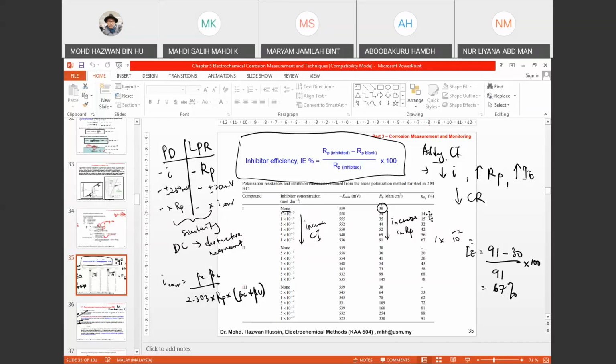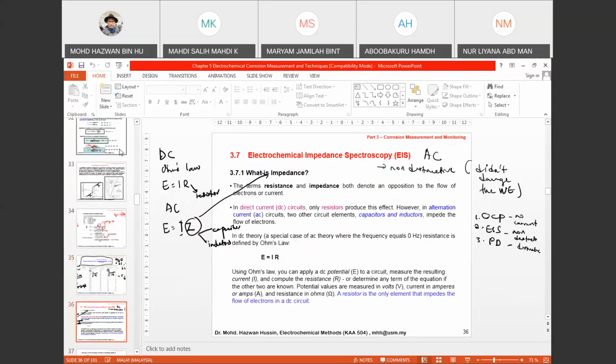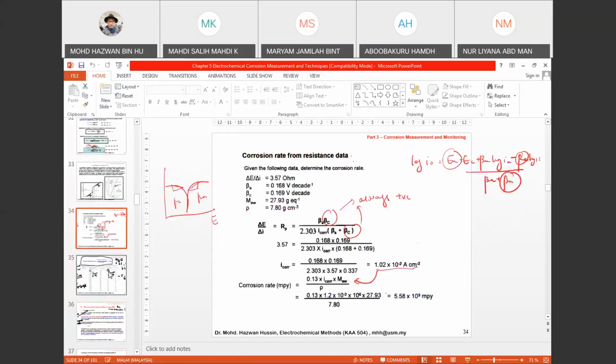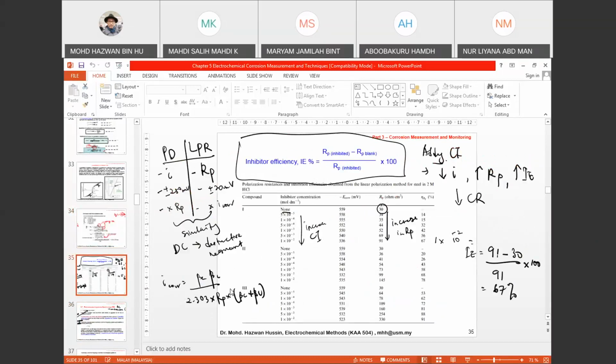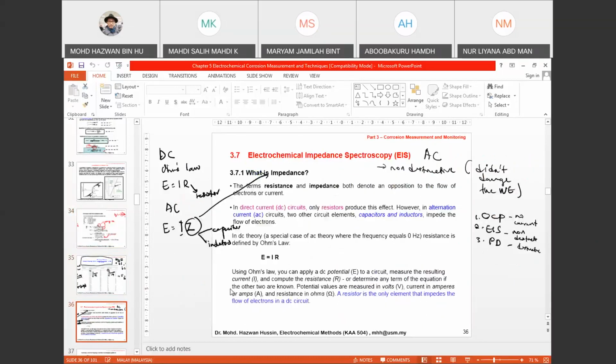If you calculate it correctly, you should get the answer that you just mentioned, like 11 or 12. Any other question regarding last week's lecture on impedance?